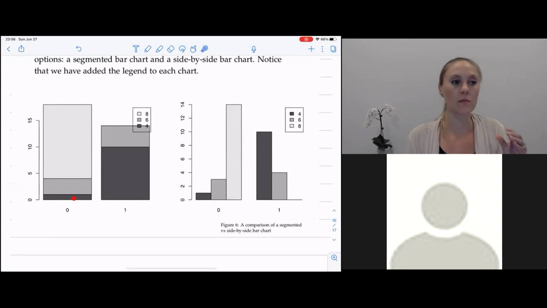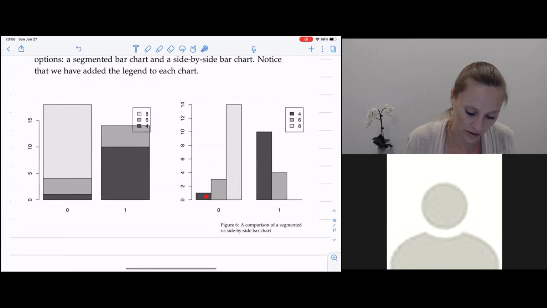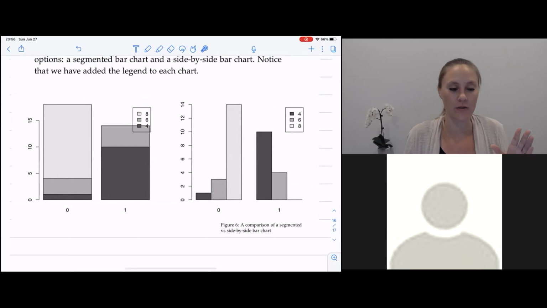Okay, so the segmented ones, sometimes if you have proportions, they'll add up to 100%, all of them, and it'll just show kind of oil and water style, which segment is for which, and of course we'll have some legend somewhere. Or you can have side-by-side bar charts where you have the 0, which is the V-shaped engine, and 1, which is the straight engine. So we've lumped these bar charts together, and then we show how many cylinders there are in each of these categories.